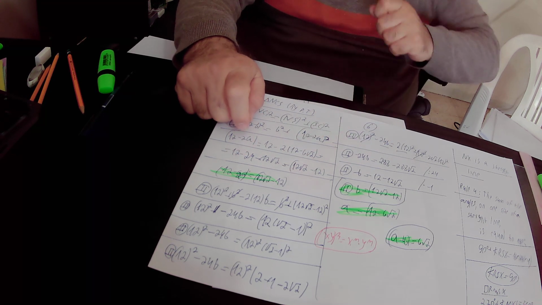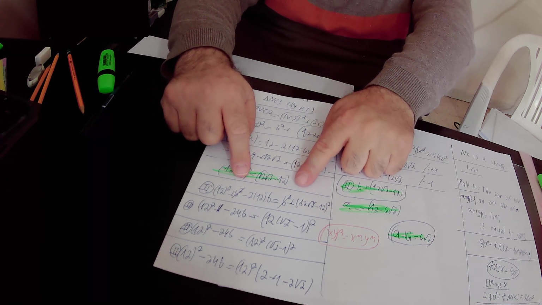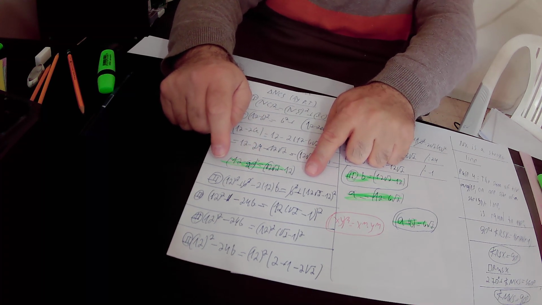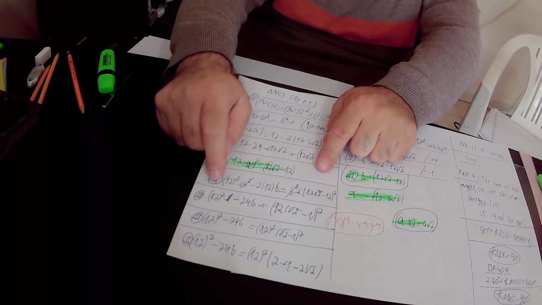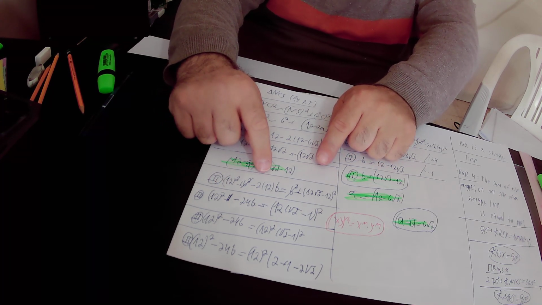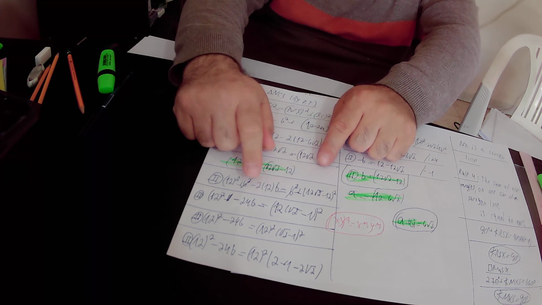We have B square on both sides of the equation, so B square is cancelled, and what is left is 12 square, and minus 2 times 12 is minus 24, so here we have minus 24B.